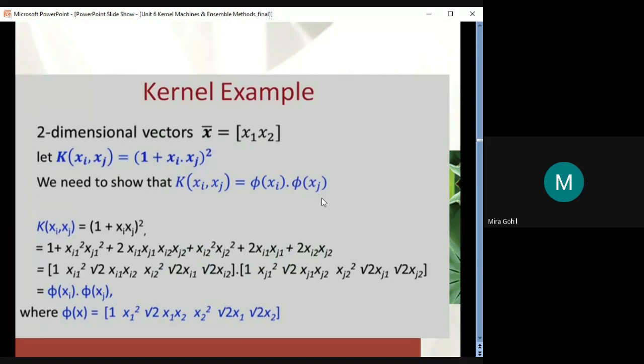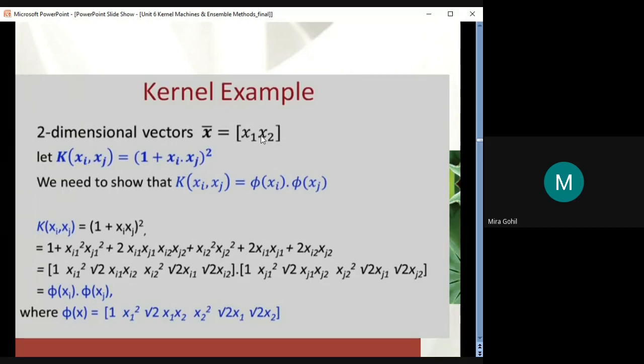Okay, so now we need to show this kernel function, that k of xi xj is equal to phi of xi dot phi of xj, इस तरीके से आपको लेकर आना है. बट उसके लिए आपके पास पॉलिनोमियल फॉर्मूला कौन सा है, 1 plus xi xj whole square, where your xi means xi1 and xi2, and your xj will be xj1 and xj2.